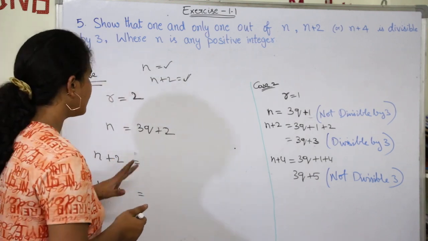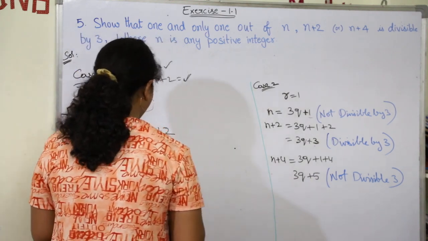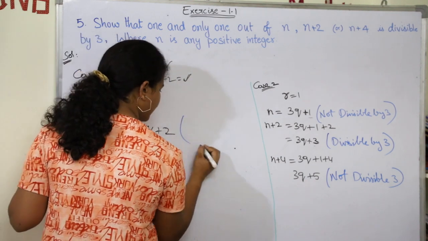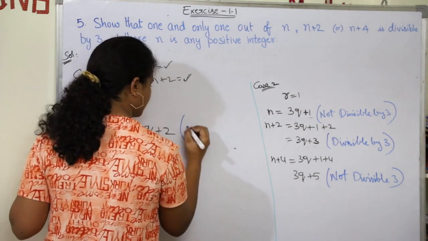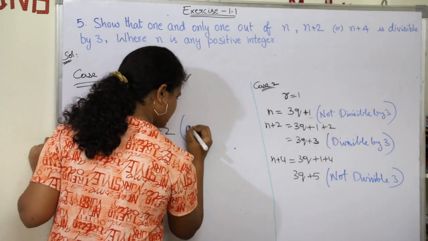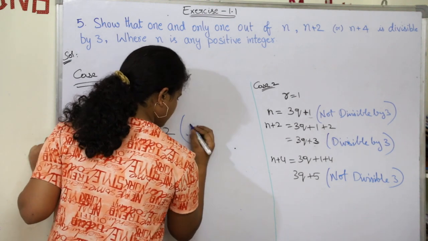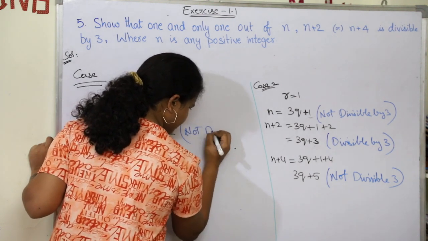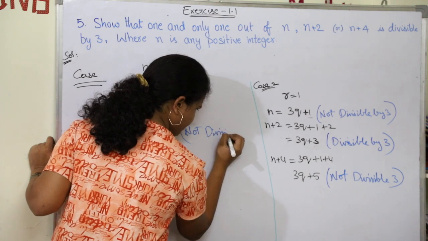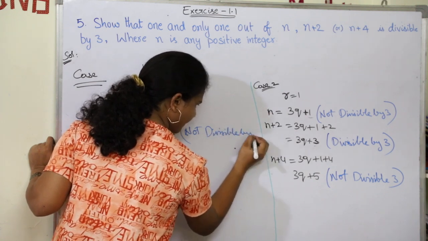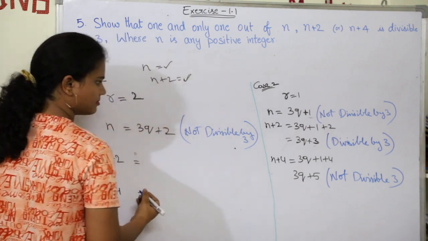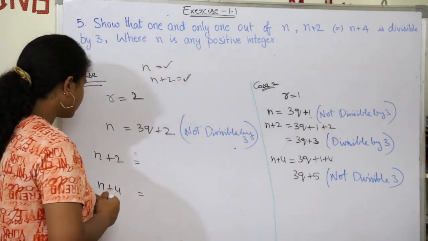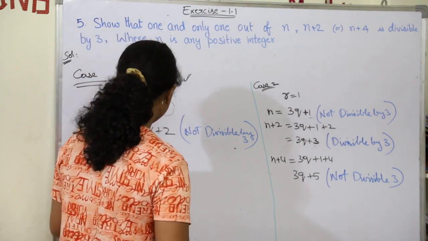So 2 is the remainder, therefore this is not divisible by 3.